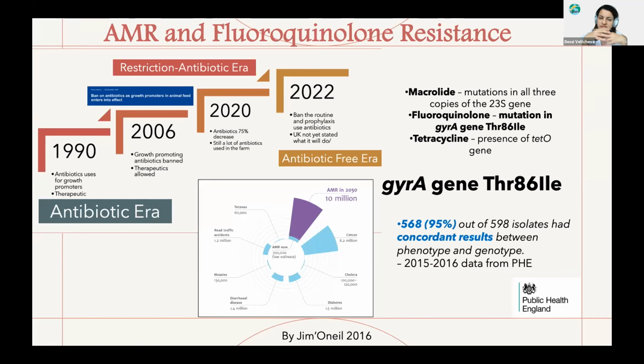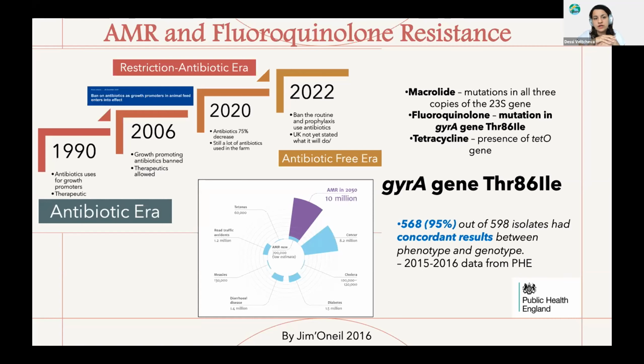I call it the antibiotic era, where we can use antibiotics for growth promoting reasons and for therapeutic reasons. In 2006, we had the ban on antibiotics for growth promoting reasons. So we come into this era of restricted antibiotics. We can still use it for therapeutics, but not for growth promoting reasons. And then in 2022, the EU is now thinking of banning therapeutic antibiotics as well.